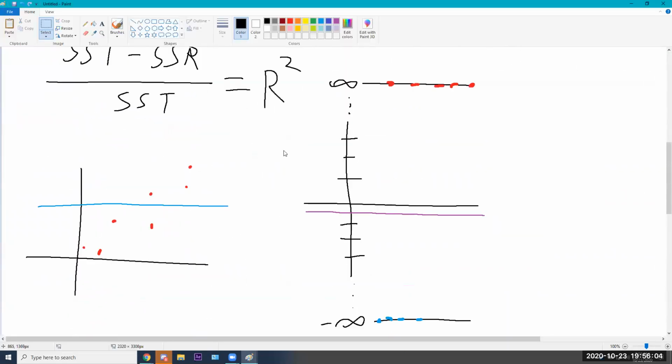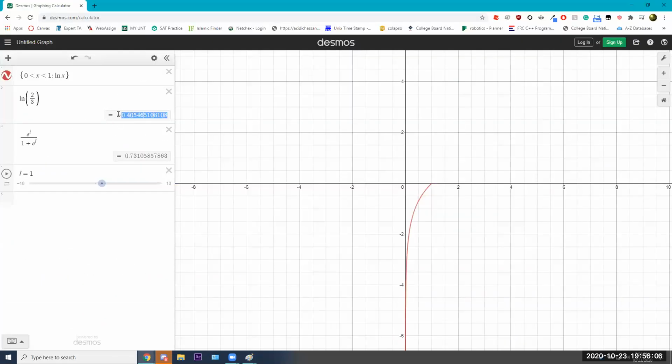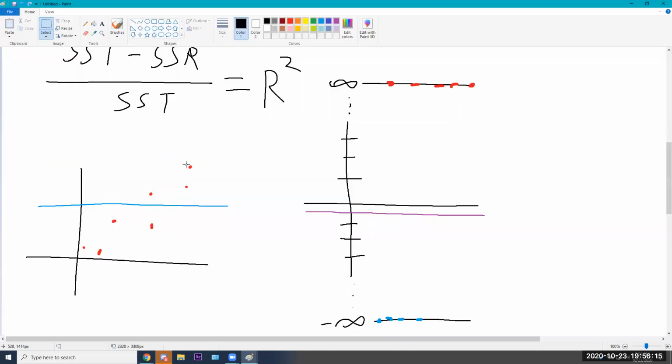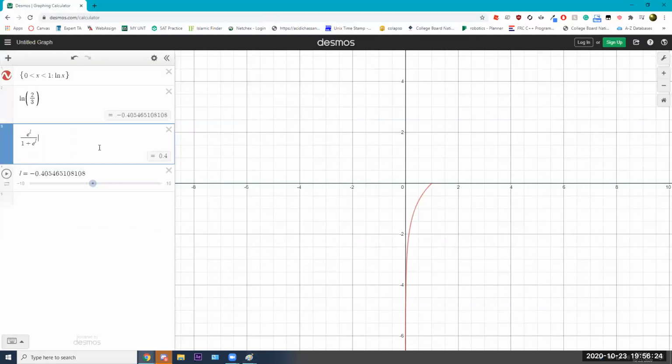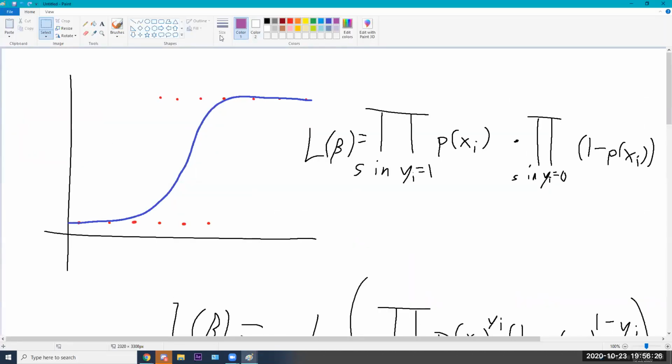And then our original value was this, negative 0.4, and we get 0.4 as our output. So what that tells us is within normal space, you get y equals 0.4 as our mean line, which should look like this, something like that.